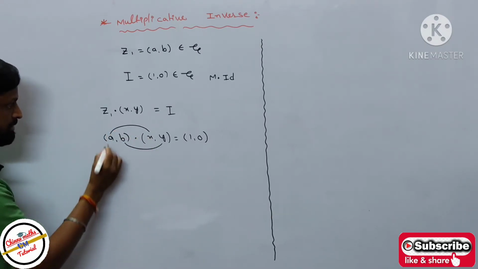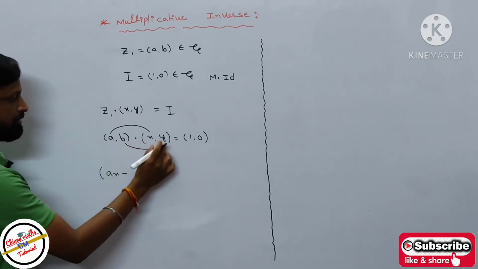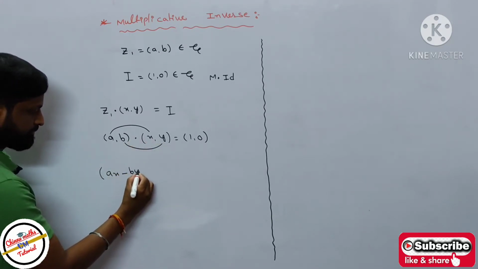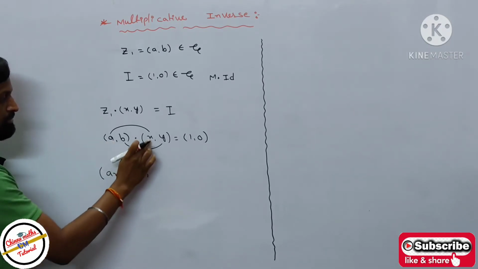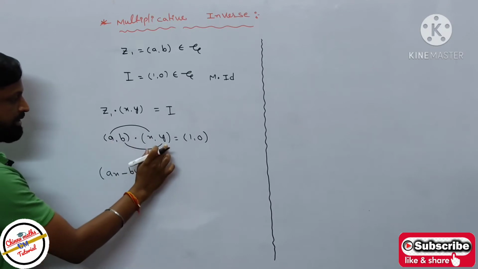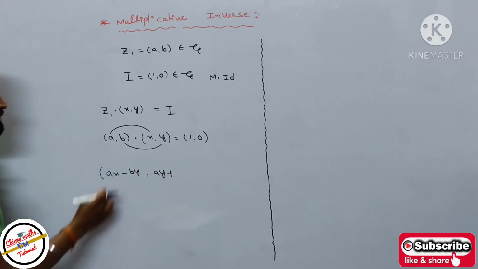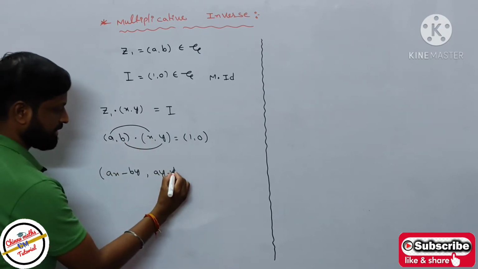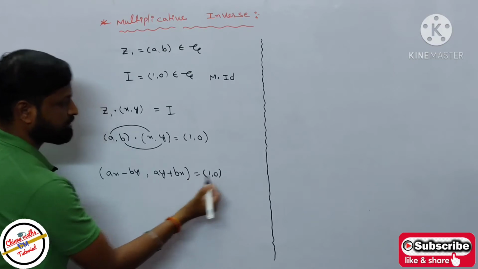So that means A into X, AX minus B into Y, BY. Next, A into D means AY, plus B into C, B into X, BX. It is equal to 1 comma 0.